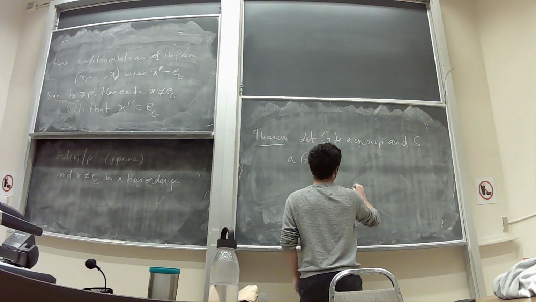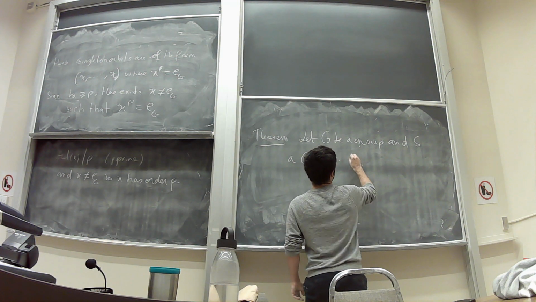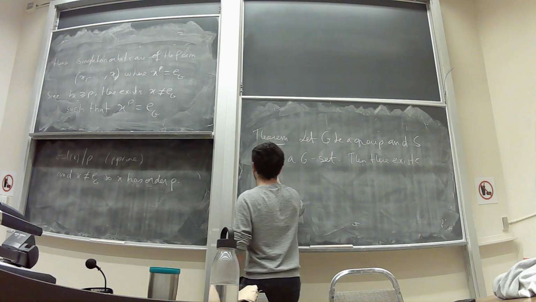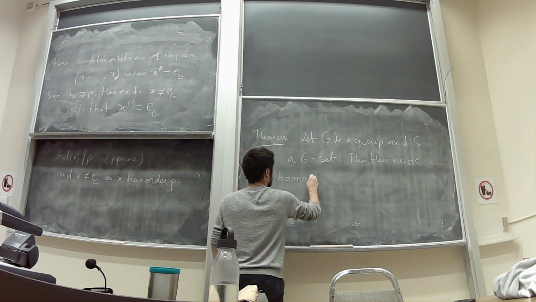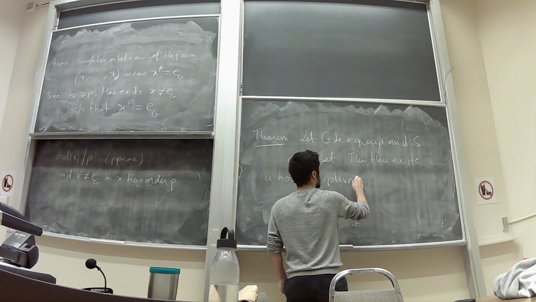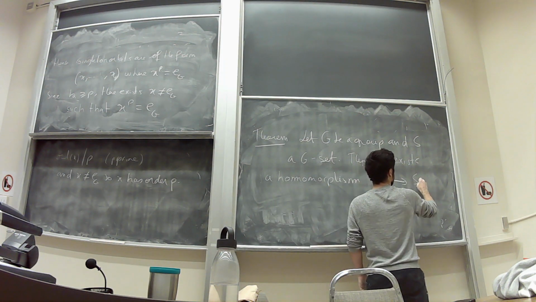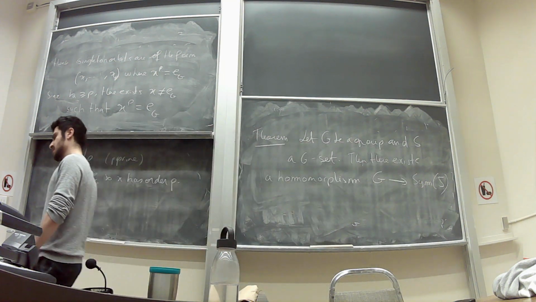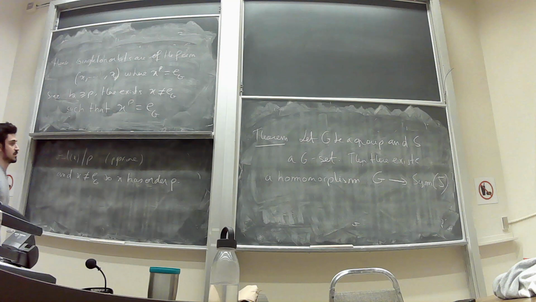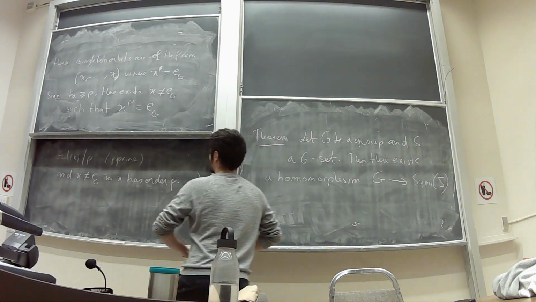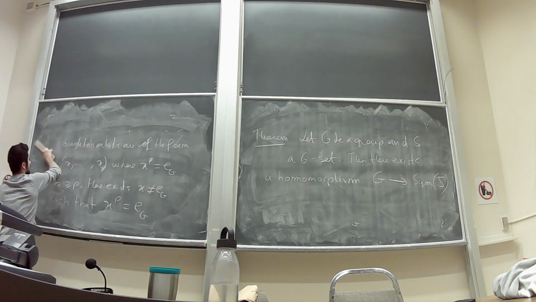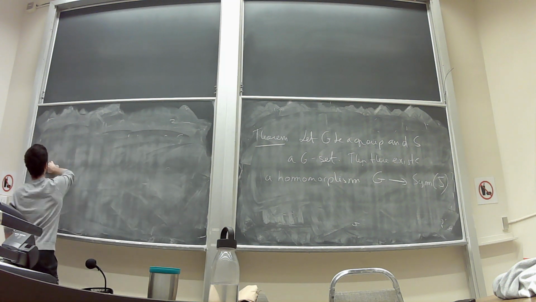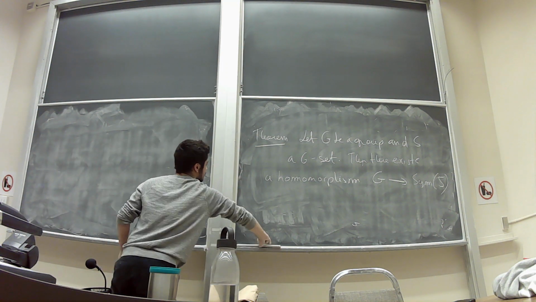Then there exists a homomorphism of groups, of course, from G to the symmetric group of S. So if I have a group action on a set S, then I can find a homomorphism from G to the symmetric group on S. Let's prove that. This is like the proof of Cayley's theorem, by the way. The proof will follow the same steps, except I will not be able to show that it's injective.